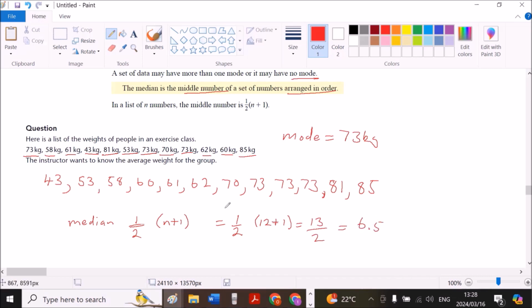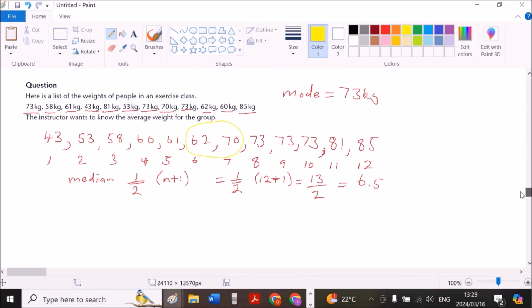Now 6.5, our ranking is 1, 2, 3, 4, 5, 6, 7, 8, 9, 10, 11, 12. So 6.5 is between 6 and 7, which means these two weights are being considered. So in order to get our median, we find the average of these two.